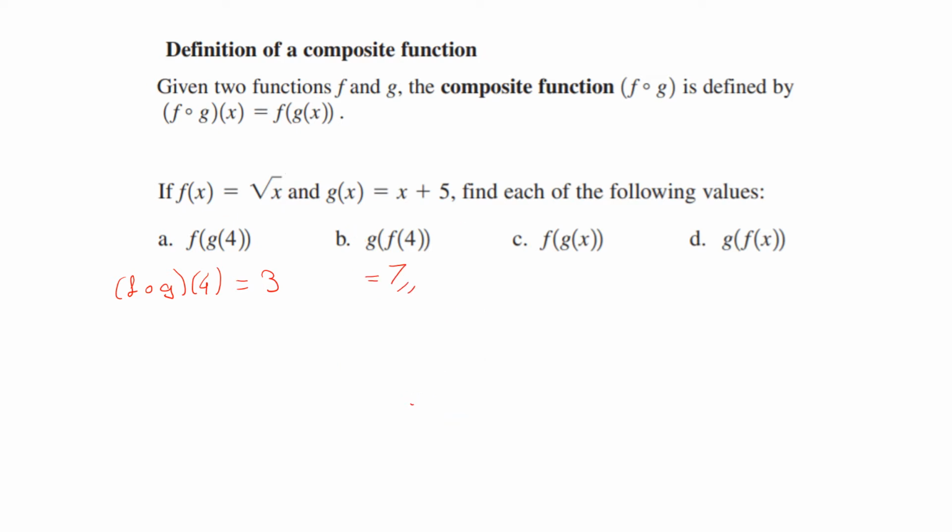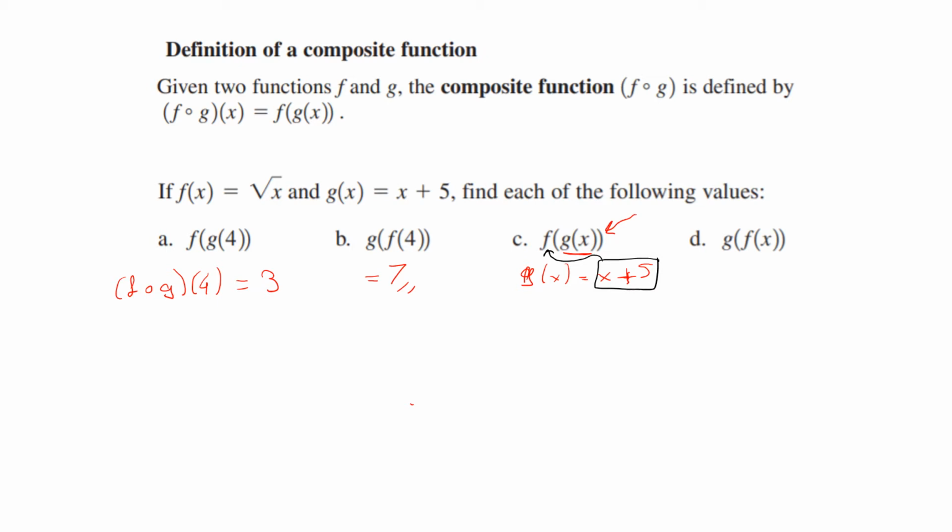Now, if it doesn't give you any value to plug in, you do the exact same thing, just without any number. It's not easier, though. So what is my g(x)? My g(x) is x plus 5, and I can't simplify further. Then I take this x plus 5 and plug it into my outside function.